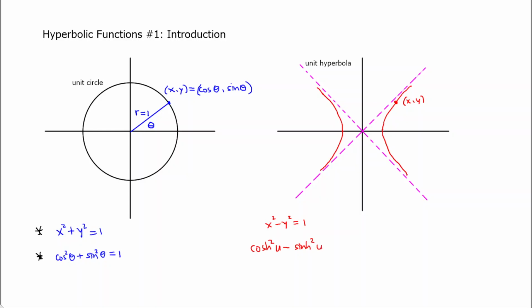Sometimes this is pronounced sinh. So sinh squared u. Cosh squared u minus sinh squared u, we want to equal 1, and again, that's if x we parameterize as cosh u, and y we parameterize as sinh u, so-called.